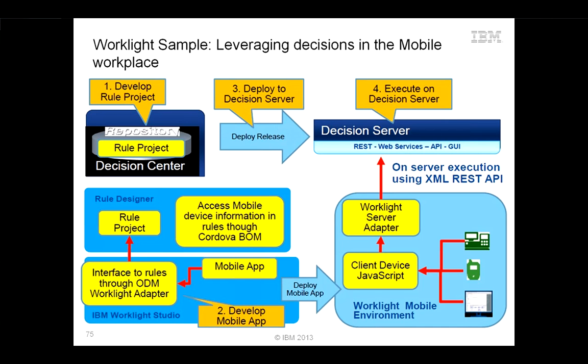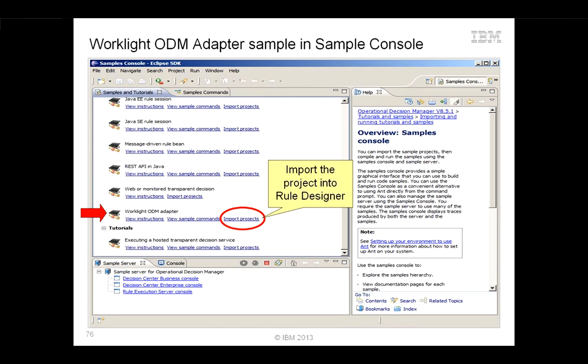So the Worklight framework allows you to create mobile apps, and maybe when you're creating a mobile app, you want to execute some sort of business rule from it. So you can leverage the REST API to invoke rules.